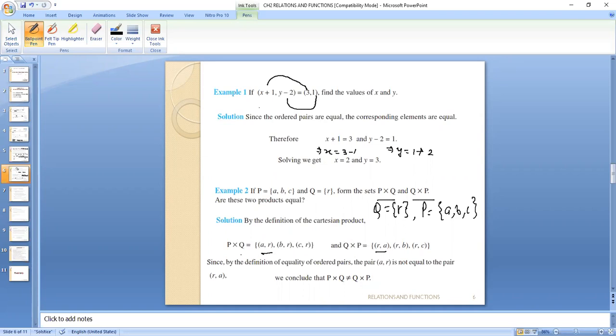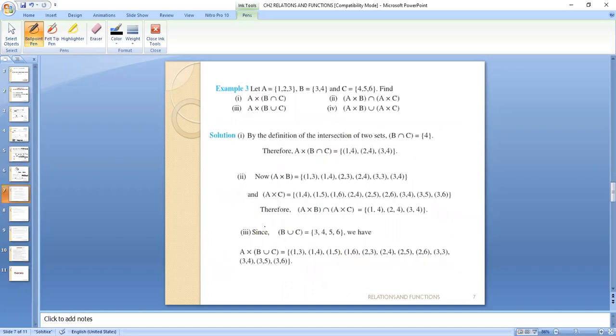We will just say on the basis of the first element only that the set P cross Q is not equal to Q cross P. This we have to verify after taking the cross product. So we have multiplied the two sets. After taking the product, we can verify that the first ordered pair (a, r) is not equal to the ordered pair (r, a). Since ordering matters, therefore P cross Q is not equal to Q cross P.